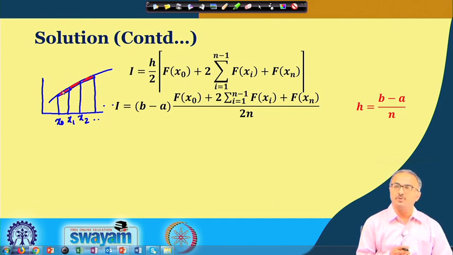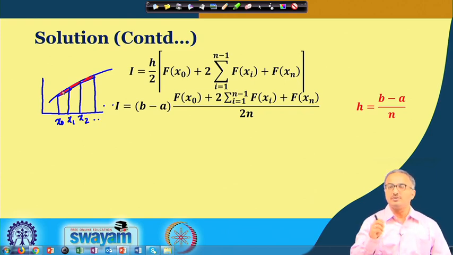Not only that, after a certain number of intervals you may not get much of a difference between the results of two consecutive sets of intervals. In that case, you are reaching some precision and accuracy. So you have to choose the number of intervals judiciously.